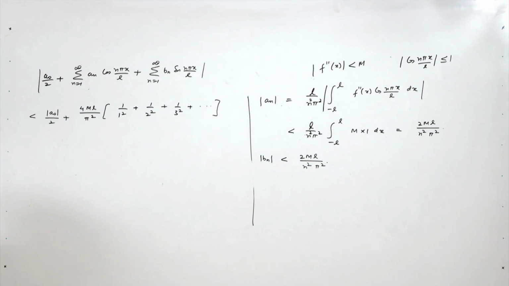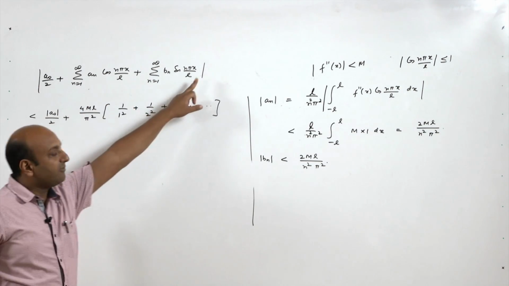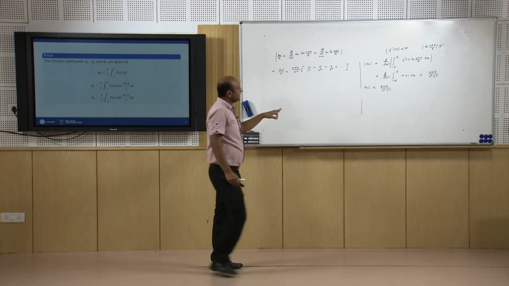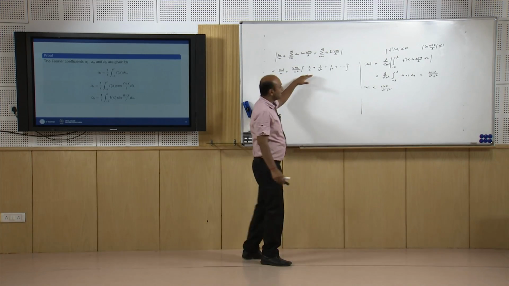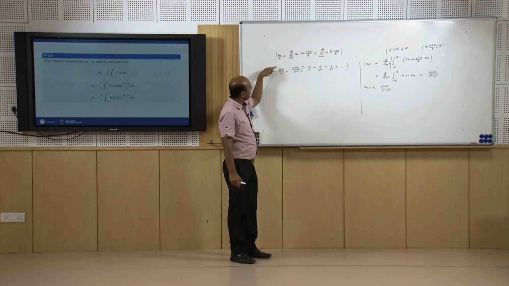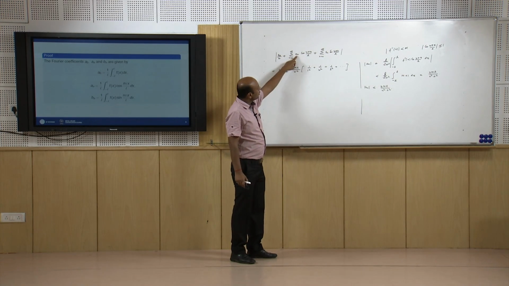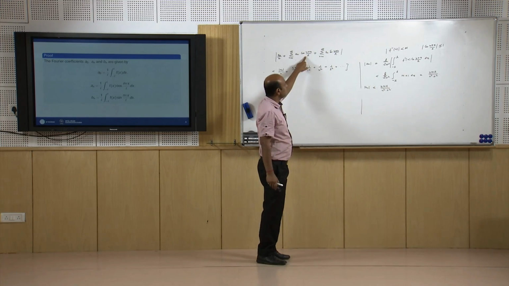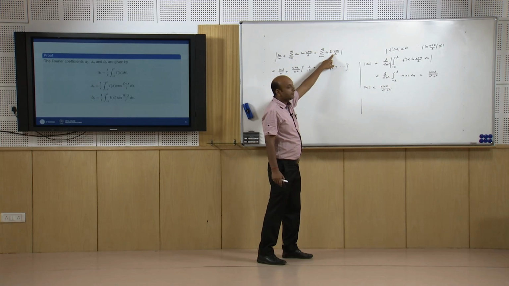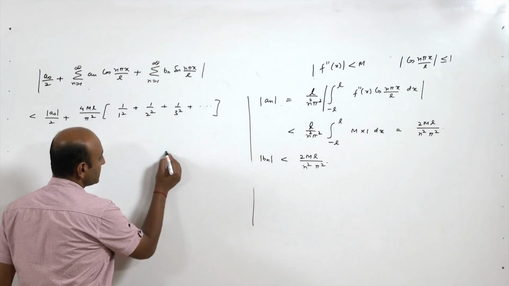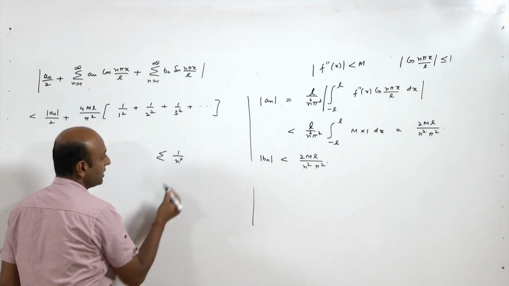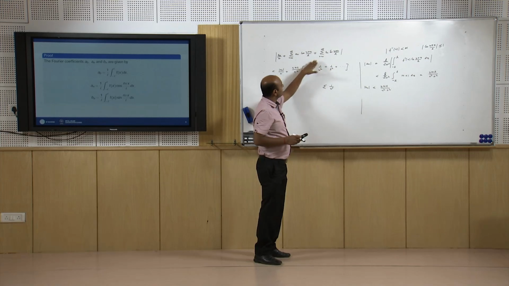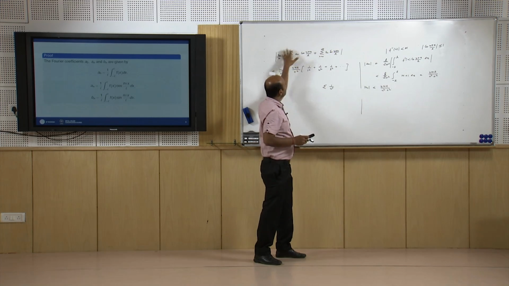Okay. Because when you take the mod inside in each term, then using these inequalities we obtain this expression, because mod of a naught by 2 plus mod of a_n is less than 2 M L by n square pi square, and mod of cos is less than or equal to 1. Again this is less than or equal to 1. We know that summation 1 by n power p is convergent when p is greater than 1. So, here p is 2, so it is convergent. As this series is convergent, the series inside is also convergent.